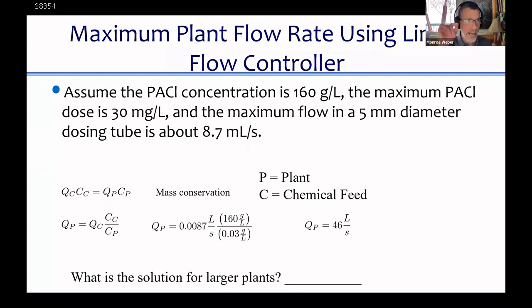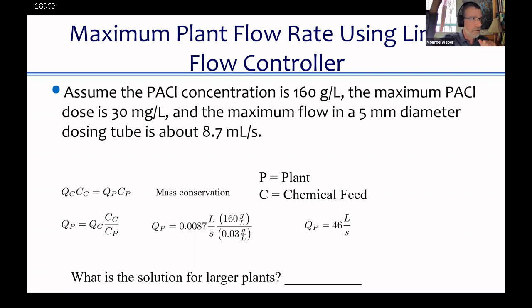You could think about m dot. The mass rate is equal to the mass rate. That's all this is saying. Q is the flow rate. C is some concentration. And it's got to be the same whether you're measuring the chemical feed system or what's happening in the plant.